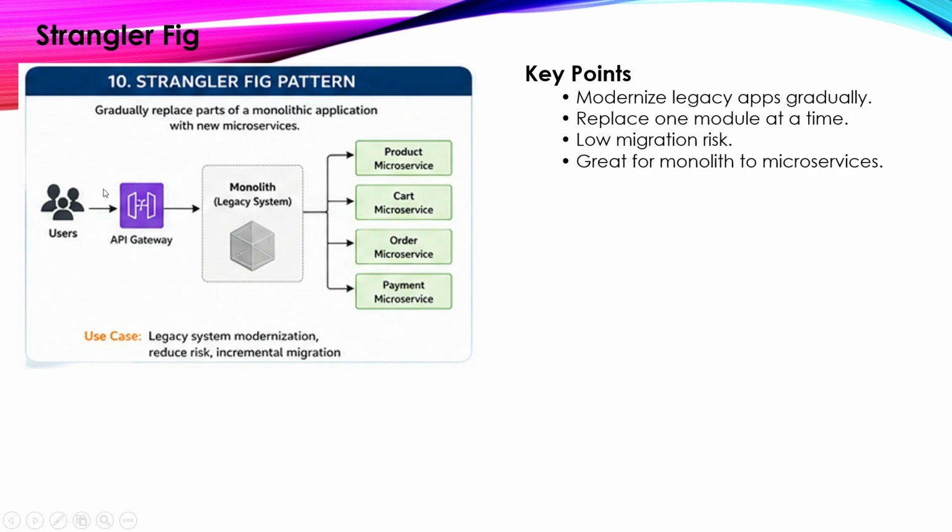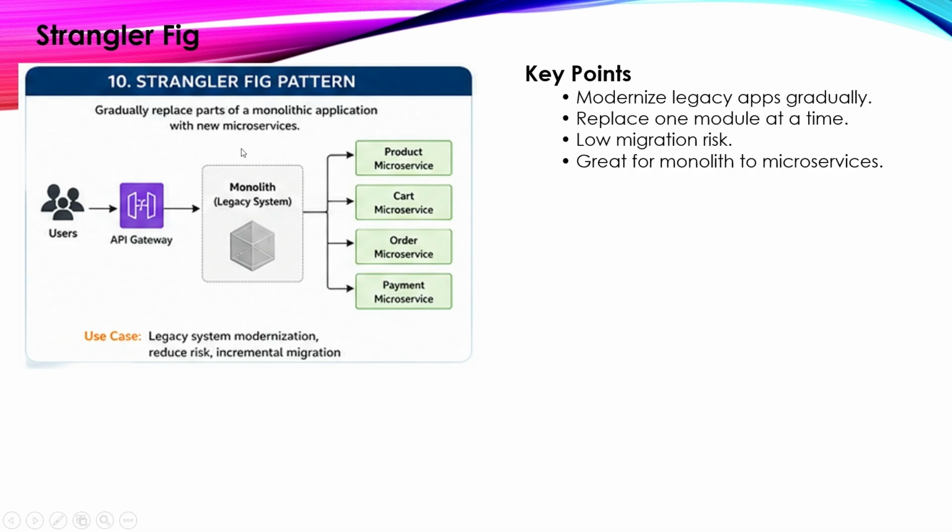So whenever you want to migrate your bigger legacy system, you don't modernize everything in one go. You do it service by service. For example, first you try the product microservice, then cart microservice, order microservice, payment microservice, and side by side you keep running your monolithic application as well.